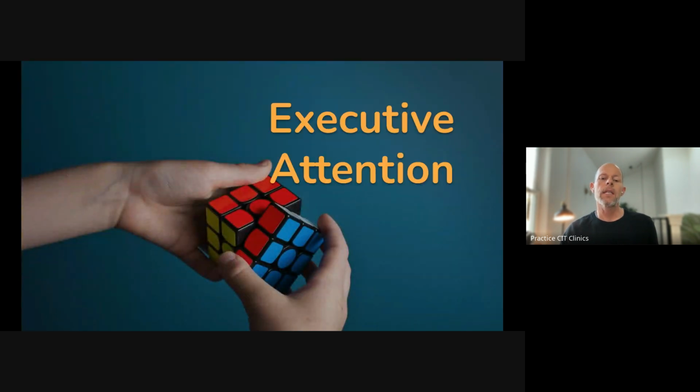And then last but not least, there's this idea of executive attention. Again, this is where I sit down and I say, you know what, for the next 45 minutes, I'm going to work on this spreadsheet. I'm just going to really focus on trying to solve this problem or accomplish this goal.